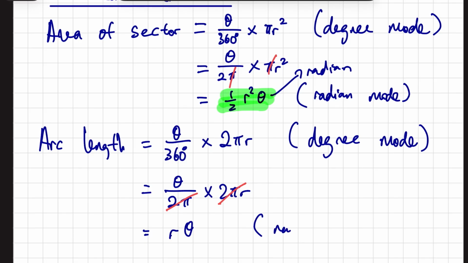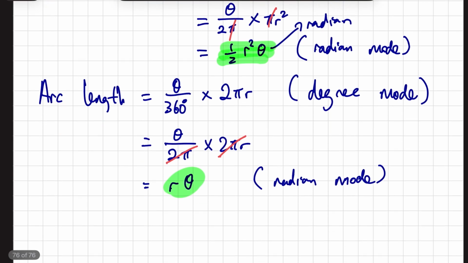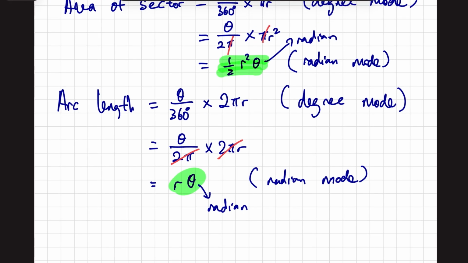That will be the arc length if you're using radian mode. Again, this will be the formula that you want to use. As long as you have the radius of the circle, or the sector in this case, and the angle of the sector in radians, this formula will be applied to get the arc length.